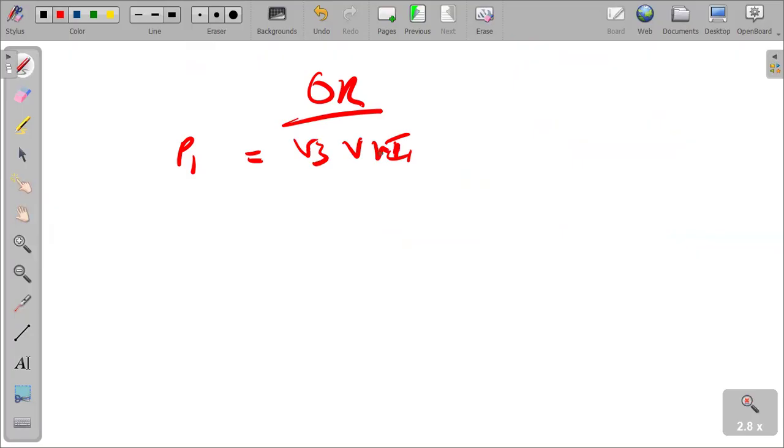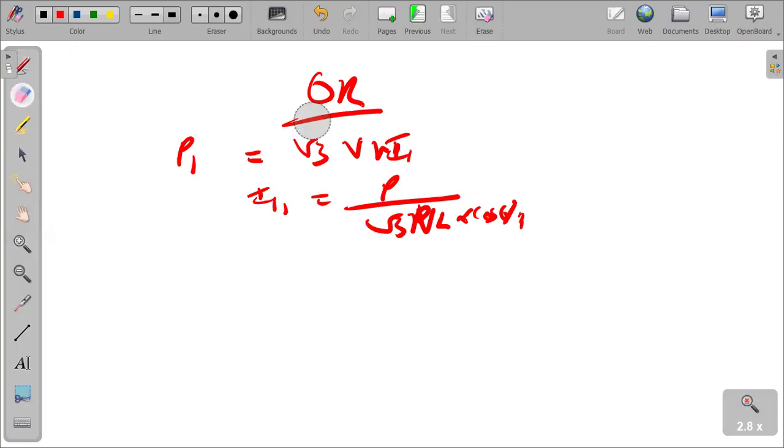So making IL1 the subject, we have P over root 3 times VL times cos phi 1, because our formula says root 3 multiplied by VL IL1 cos phi 1 for power P1.